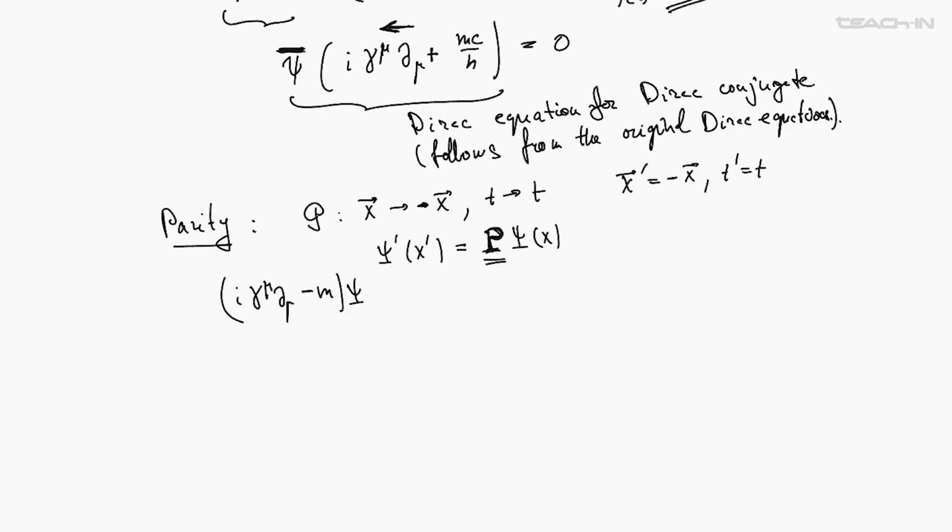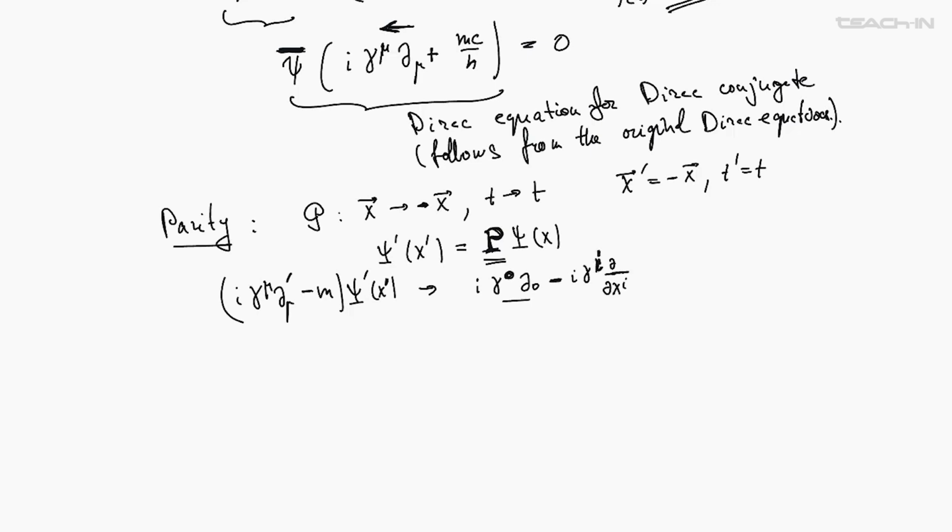Then you see from here that if you write it in terms of i gamma 0 d0, this term will not be changed because time is not changing under this transformation, while the derivative with respect to x prime you can write as all spatial derivatives d over dxi, but you put a minus sign because x prime is equal to minus x.